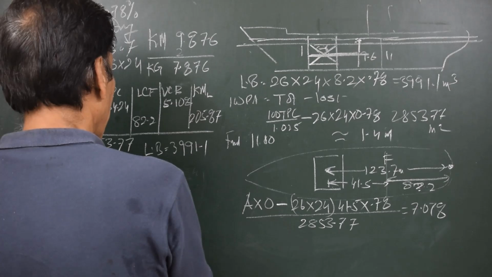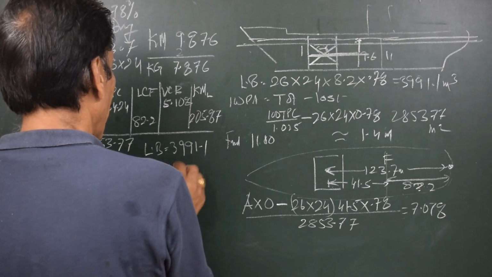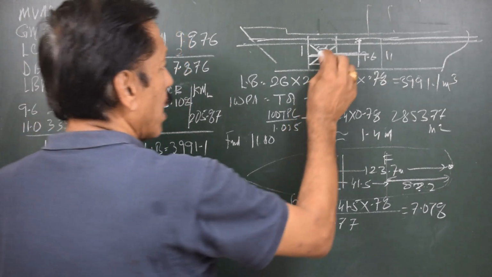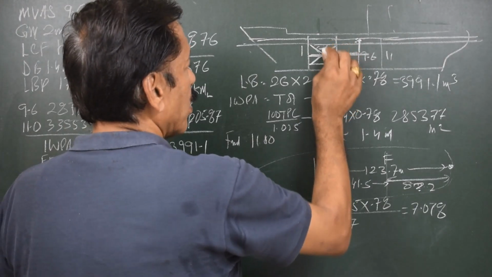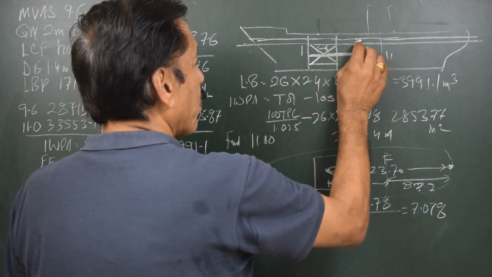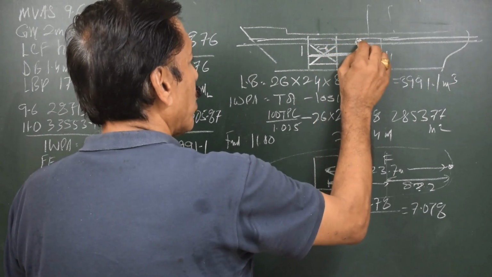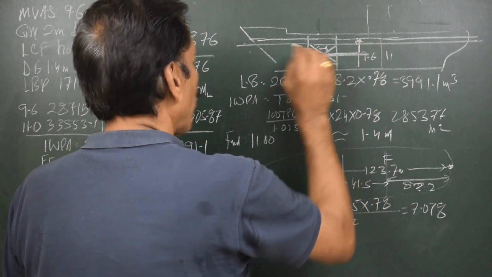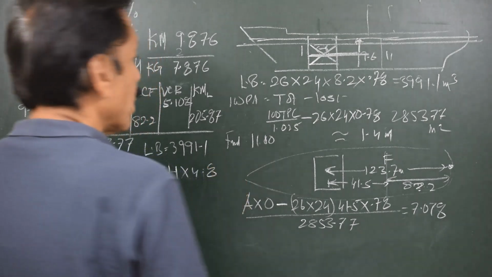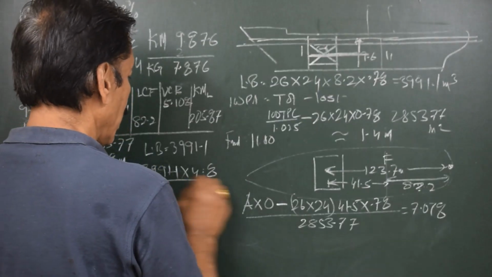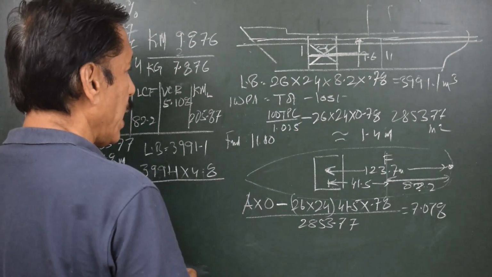So 3991.1 into 4.8. I hope you understand the total height of lost buoyancy is 8.2, half of that is 4.1. Now the sinkage is 1.4 meters, half of the sinkage is 0.7, so 0.7 plus 4.1 is 4.8. So that means we lose the buoyancy here, we gain the buoyancy here. The vertical distance is 4.8 meters.